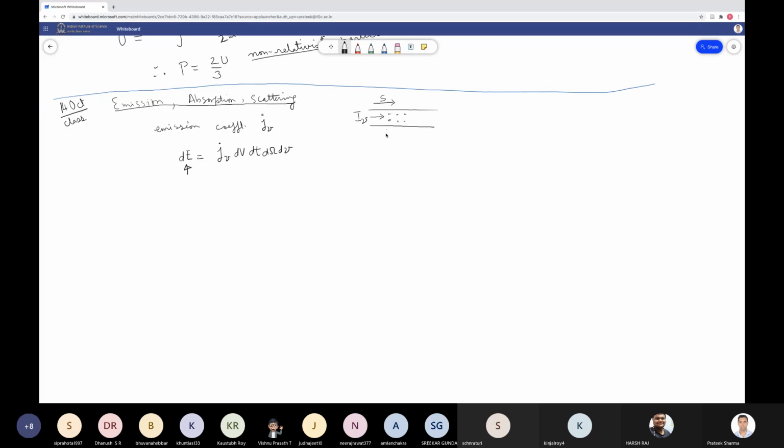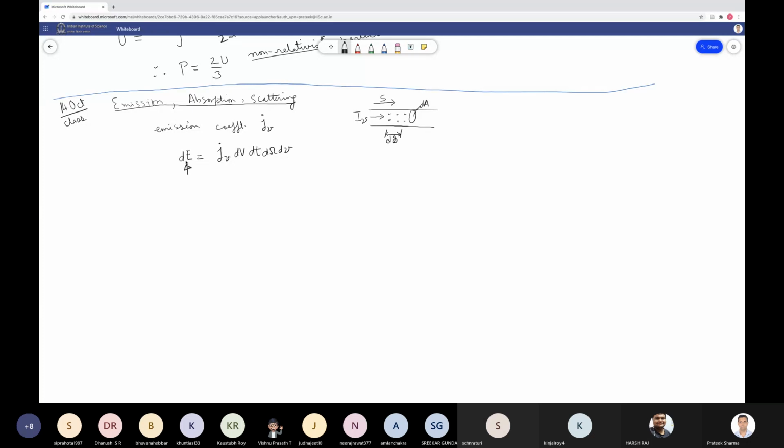If this length is ds and the cross-sectional area is dA, then dV is nothing but dA times ds. This is the time dt over which the photons are added by emission. d omega is the solid angle through which these photons are passing, and d nu is the frequency range.